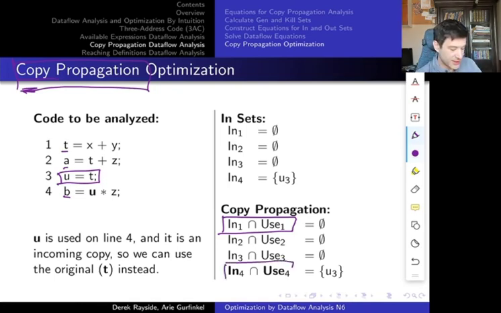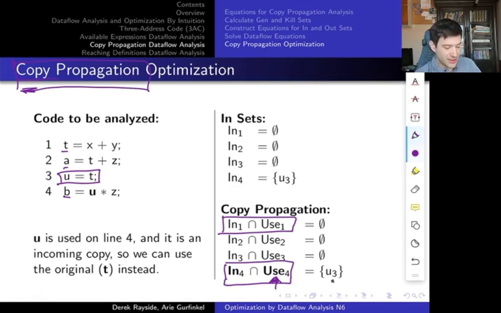Here we'll see that for the last statement, what flows inside is a copy, U3, meaning that U3 can be represented by a different variable, in this case, T. And we also see that it's used. So actually, the statement uses a copy instead of using a primary representative, which is T. And so that's how we know we can do an optimization.